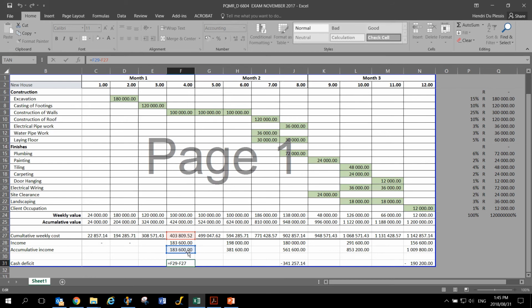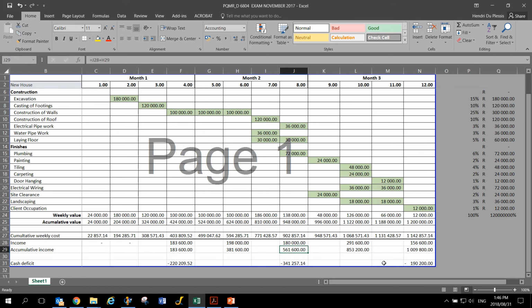Our cumulative costs up to the end of month 1 were 403,000. This you have to pay to your salaries and your suppliers and so on, so this is your actual cost. Then your cumulative income for that month is 183,600. So it's just 183,600 minus your cost, and that's your cash deficit after month 1.